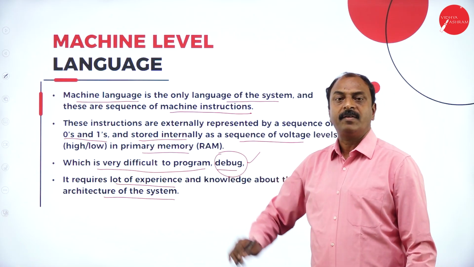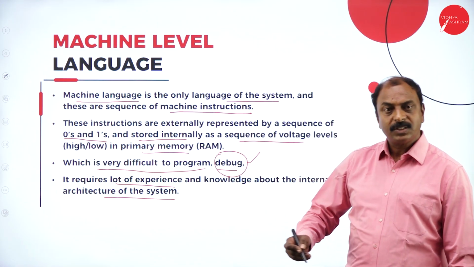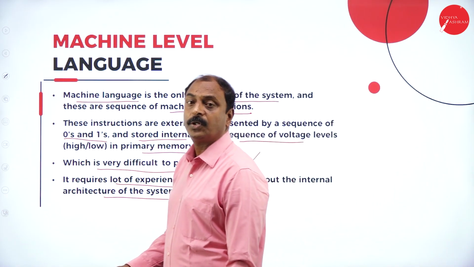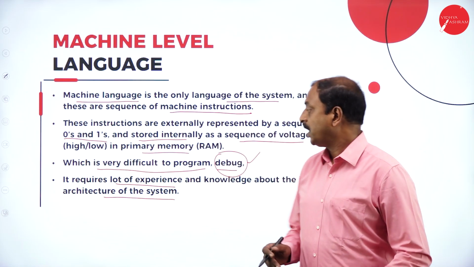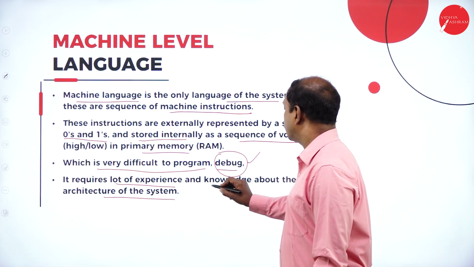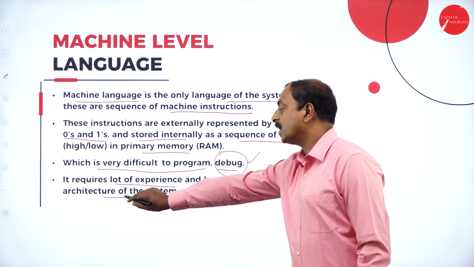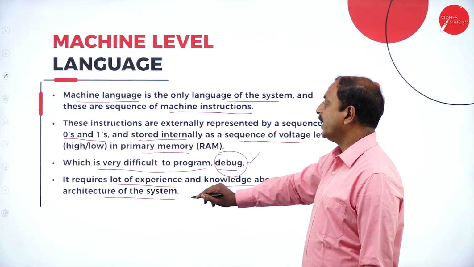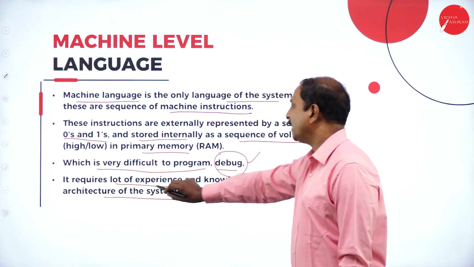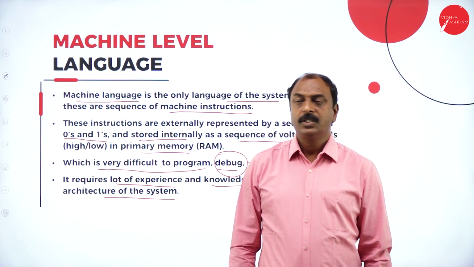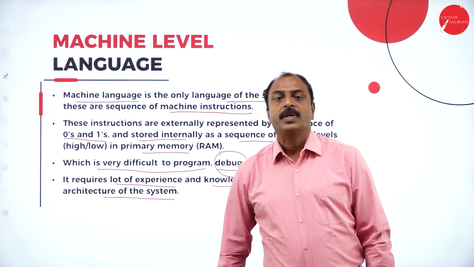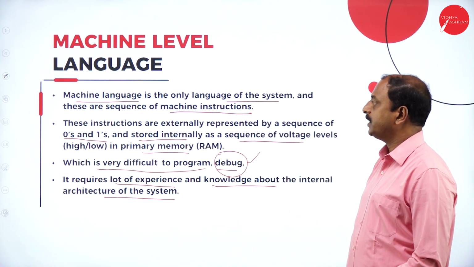As machine level language works on the hardware part of the computer, the programmer must have very good knowledge about the system or hardware architecture of the computer, and must be an experienced person to write a program in machine level language. So these are the characteristics of machine level language.